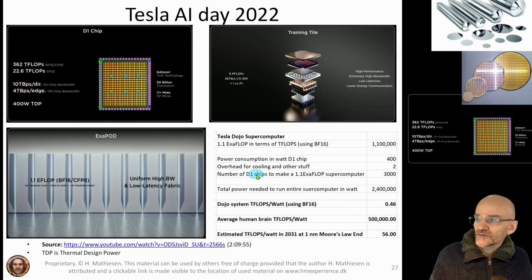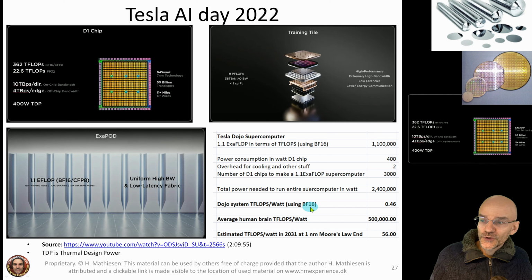And then in this supercomputer, they managed to combine the compute power of 3,000 of these D1 chips to get that exaflop. So the total power of that is just 400 times 2 times 3,000. That's 2.4 million watt it uses. If you divide the watt usage with the number of teraflops that this computer has, 1.1 million, you get only 0.5 teraflops per watt.